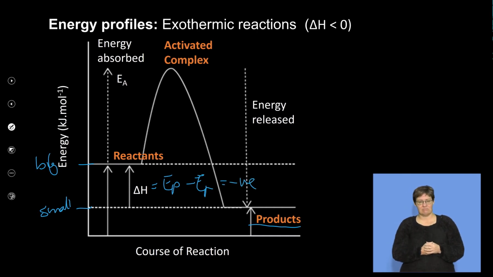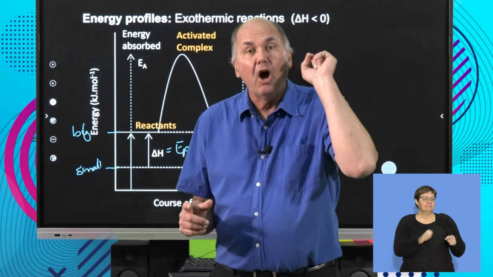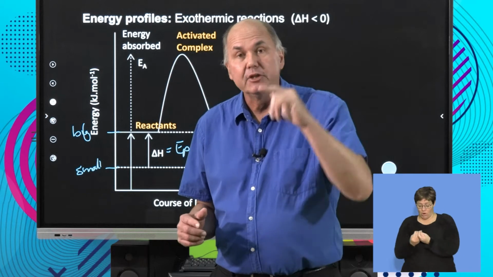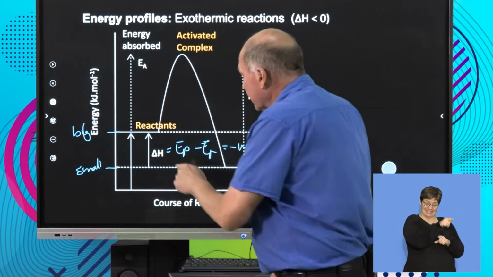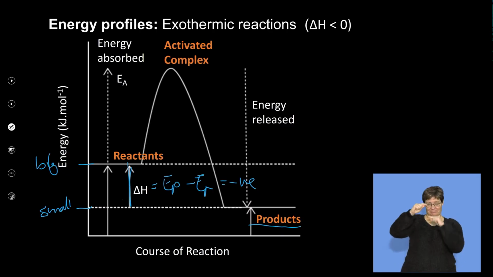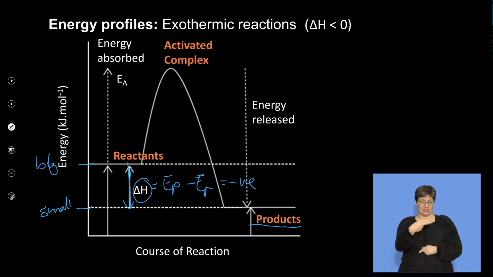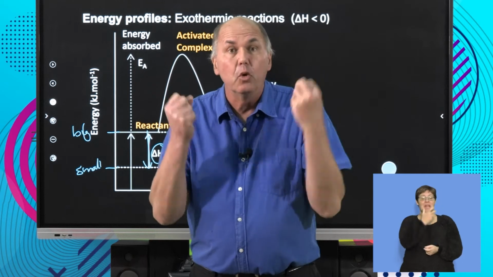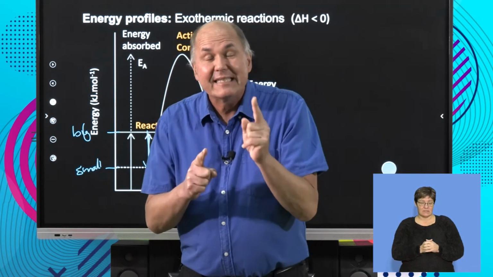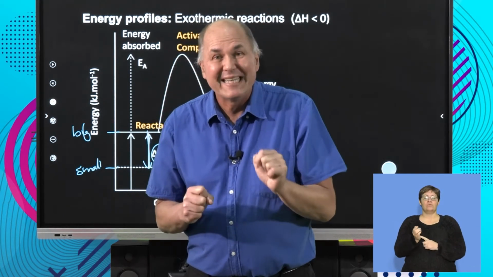And that's quite clear. The difference between the energy of the product and the energy of the reactant is this little bit shown here. It's given the title delta H, because that's the symbol for heat of reaction or enthalpy. Now, in this case, we've shown why it's a negative.